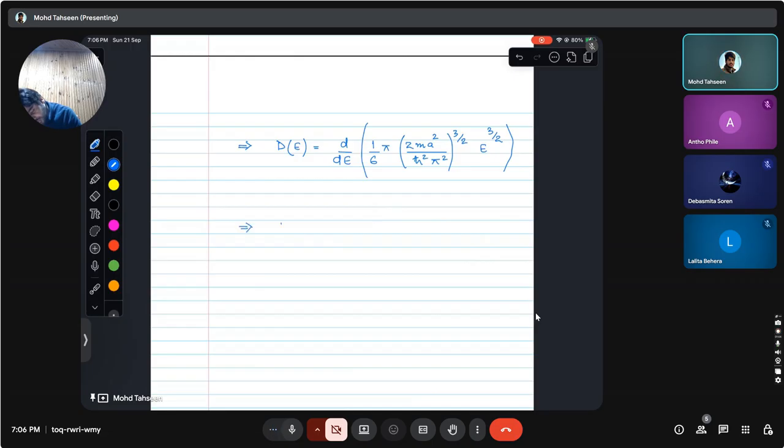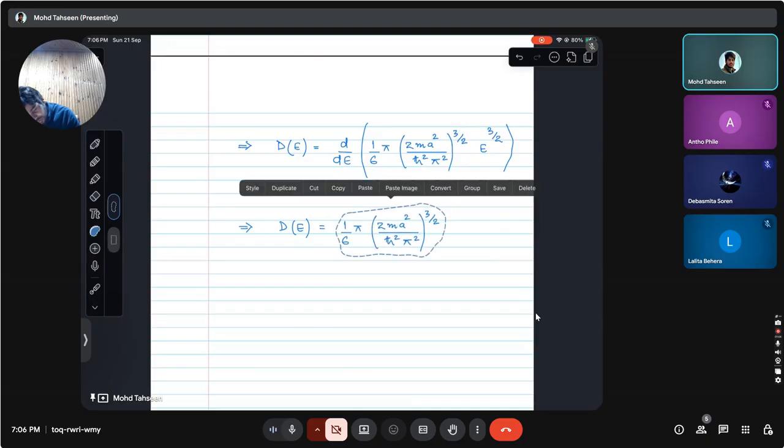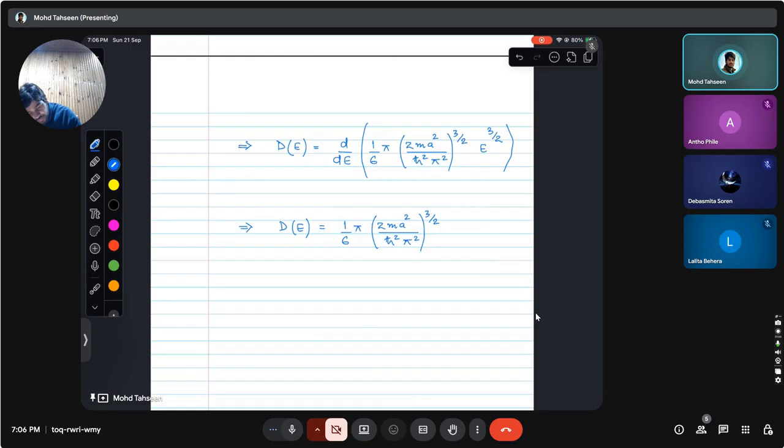So this d of E will be this constant term here, it will come here, and then how do we differentiate the power 3 by 2? It will be power minus 1, so it will be E to the power half, and this 3 by 2 will get multiplied. This 3 and 3 would cancel, it would be 2, and then 2 and 2 is 4. So I'm just going to write this expression.